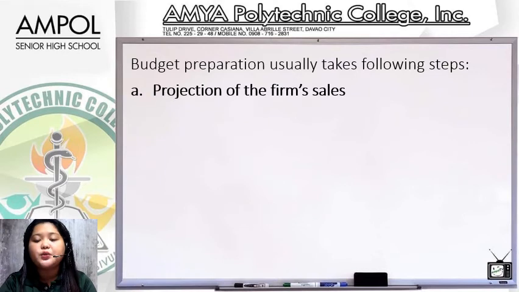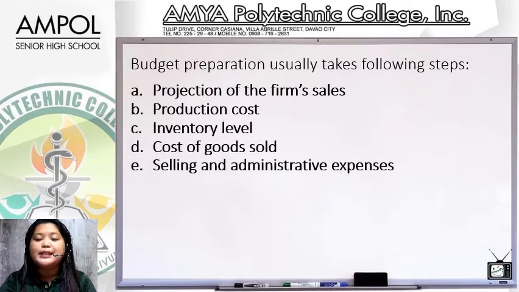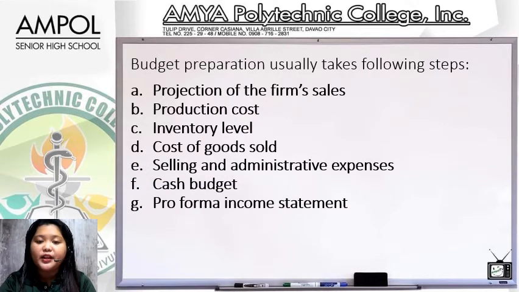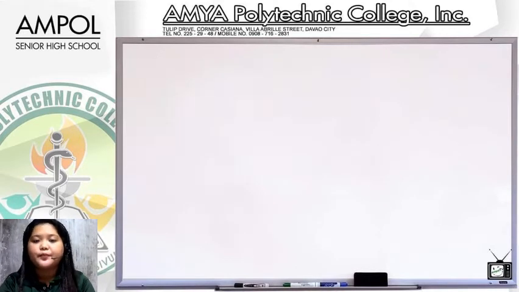The first one is the projection of the firm's sales, and then the production cost, inventory level, cost of goods sold, selling and administrative expenses, cash budget, and the pro forma income statement, and also the pro forma balance sheet.